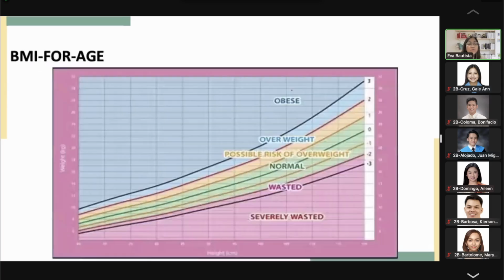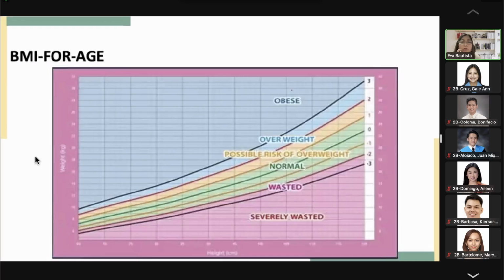Now we have a growth chart also for the BMI for age. And what is this? I think this is the wrong growth chart because it should not be weight here. If it's BMI for age, what we should see here is the BMI against the age, and this is height. This is weight for height.